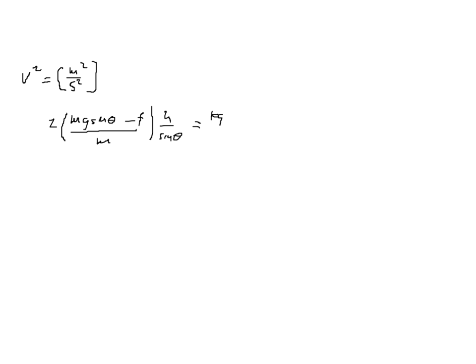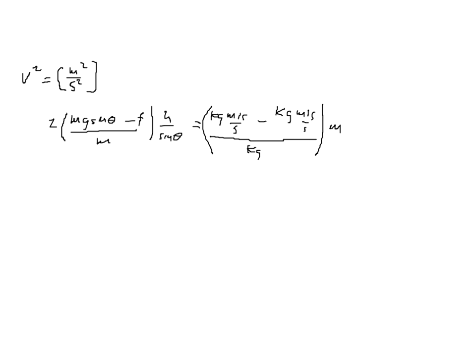sine theta. So we've got mg, so we've got kilograms, meters per second, and sine theta has no units, minus newtons, which is kilograms, meters per second, divided by mass, which is kilograms.